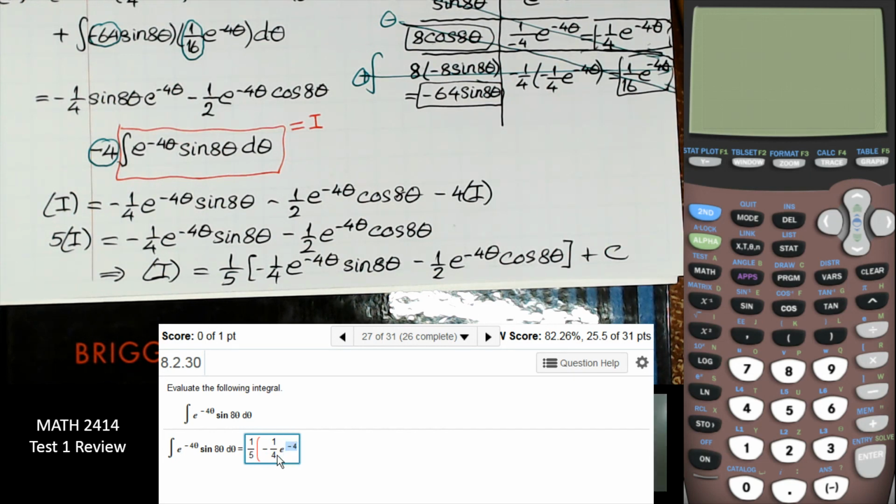The answer is then e to the negative 4 theta sine A theta, minus 1/2 e to the negative 4 theta cosine A theta, plus c. Right, so that is correct.